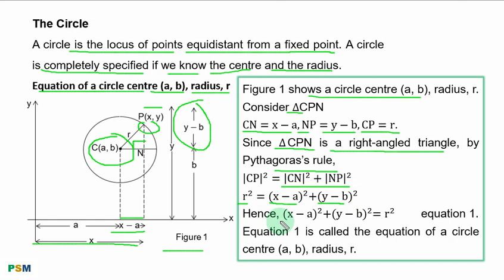Hence, you have this equation as equation 1. Equation 1 is called the equation of a circle, center (a, b), and the radius is r. x and y are points on any part of the circumference.